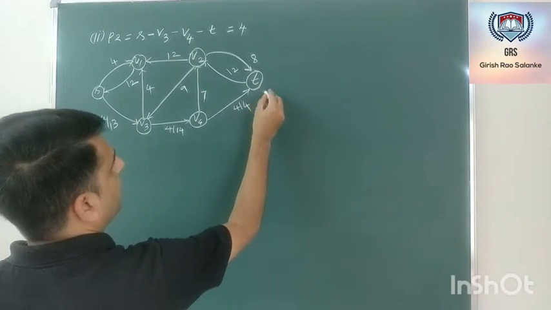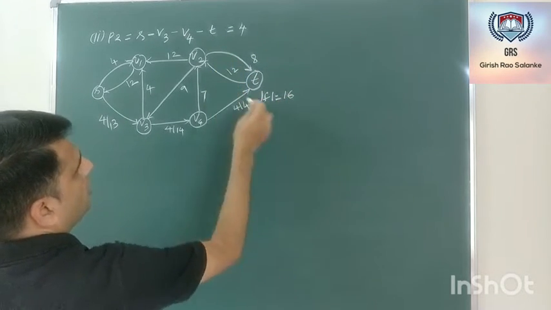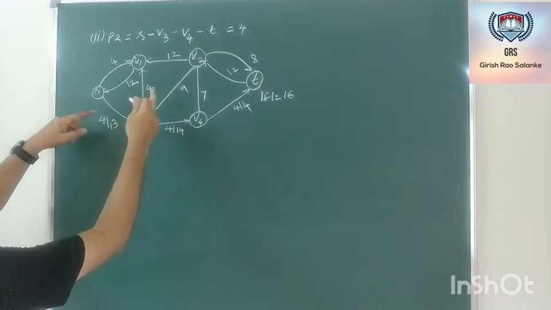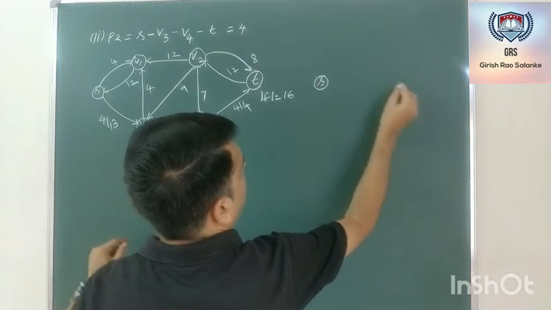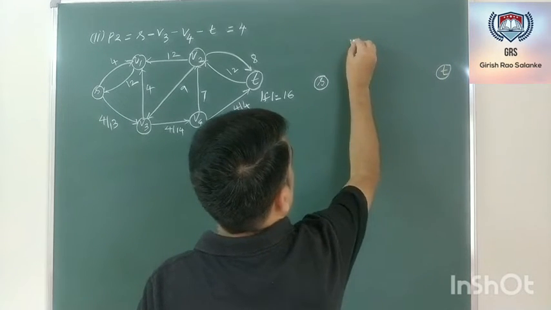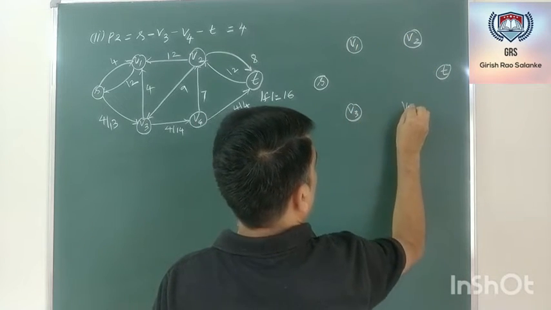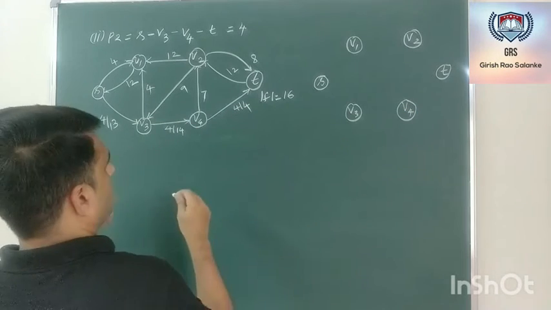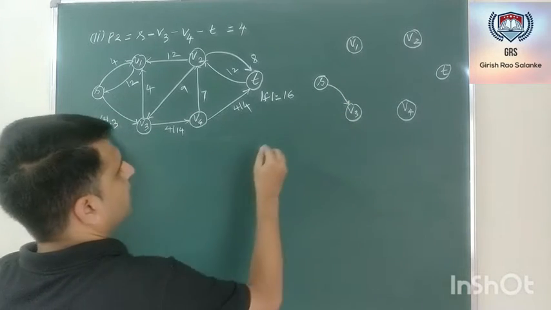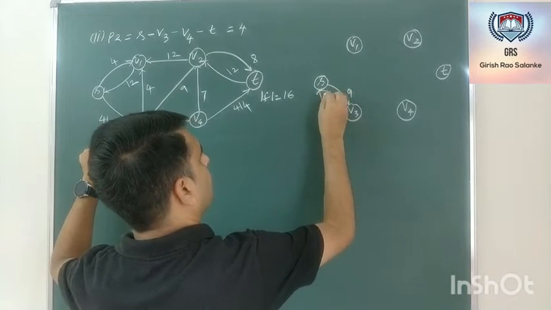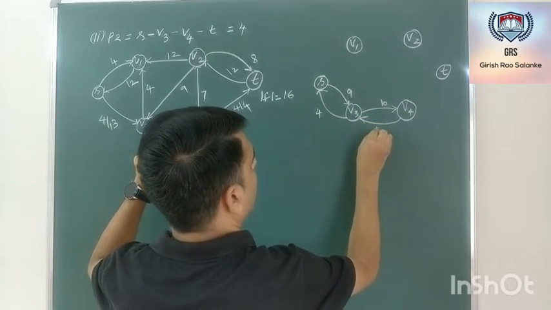Now with this what I have done, the earlier flow was 12 plus 4, I have increased it to 16. Now I need to have the residual graph for this. T, V1, V2, V3, V4. This 4 to V3, forward edge 13 minus 4, 9. 4 here, 14 minus 4, forward edge 10, backward edge 4.